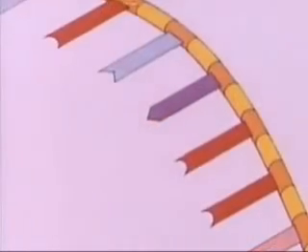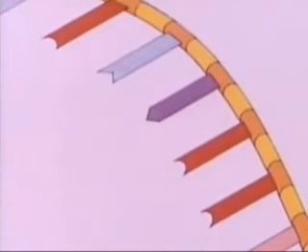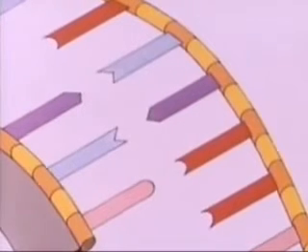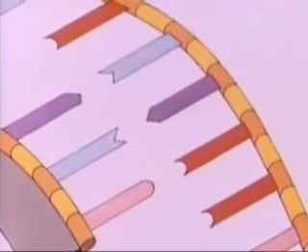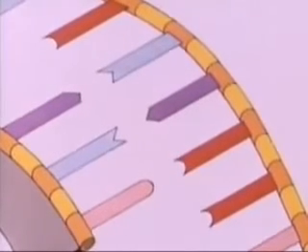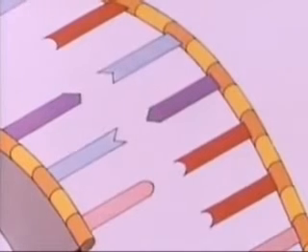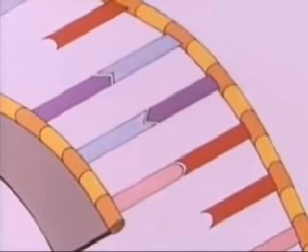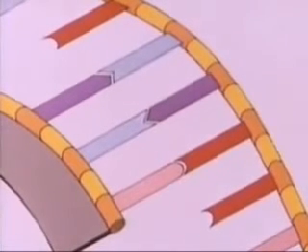This is how the process works. Molecules of transfer RNA, each with groups of three of the four bases, attach themselves. Each carries a particular amino acid, depending on the sequence of the three bases. This one with uracil, adenine and cytosine carries an amino acid represented by the grey rectangle.